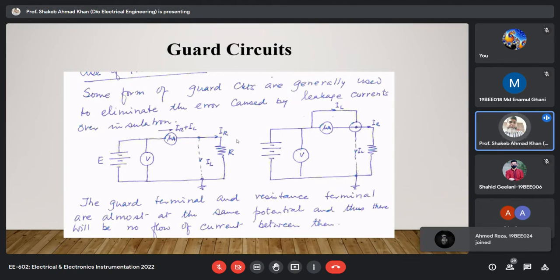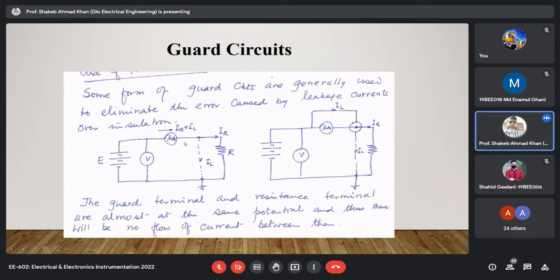So this is the situation when the guard circuit arrangement is not made. Guard circuits are used to tackle the leakage current. And here you see, we are taking microampere, because in insulation testing or high resistance measurement, the resultant current will be very small, and the applied voltage you always require very high.